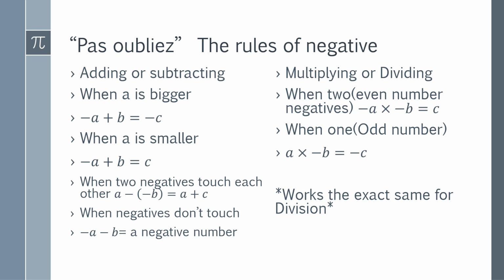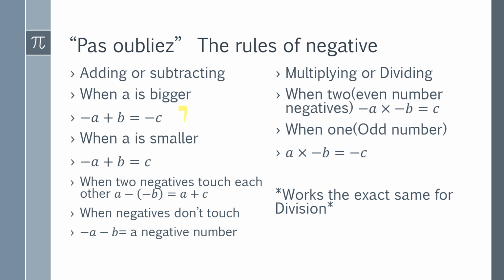So when you're adding and subtracting, don't forget dealing with negative numbers. When A is bigger, negative A plus B equals negative C. Let me give you an example of this so you can understand it.